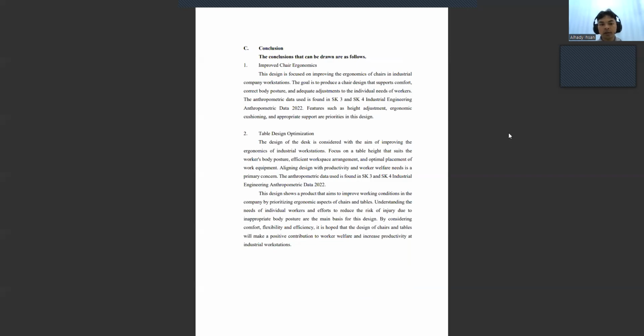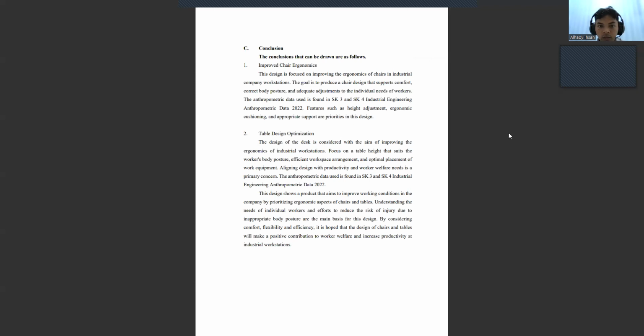So, the conclusions that can be drawn are as follows. First, improve chair ergonomics. The design is focused on improving the ergonomics of chairs in industrial company workstations. The goal is to produce a chair design that supports comfort, correct body posture, and adequate adjustments to the individual needs of workers.